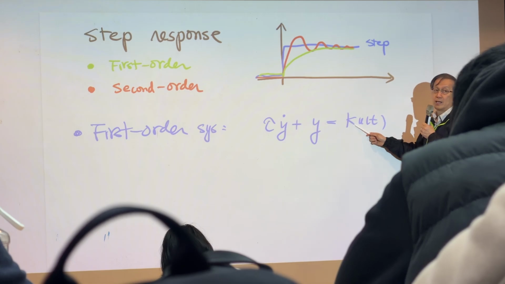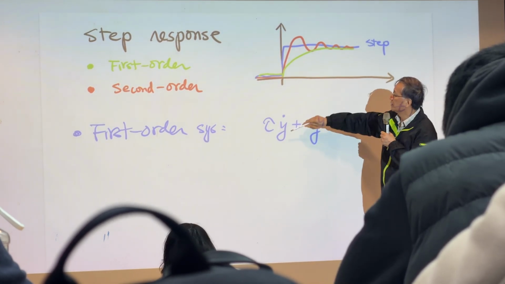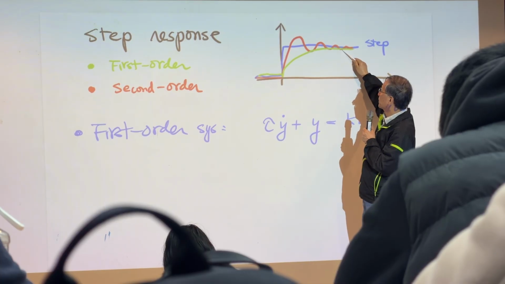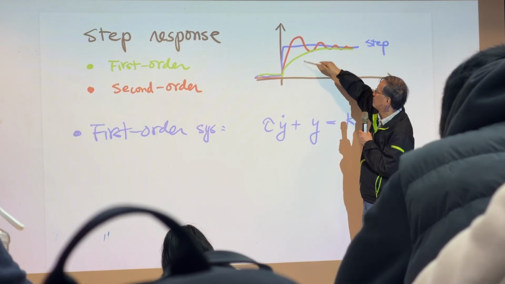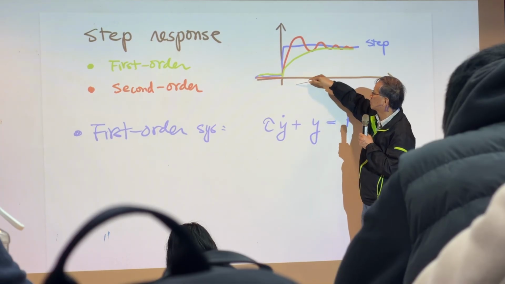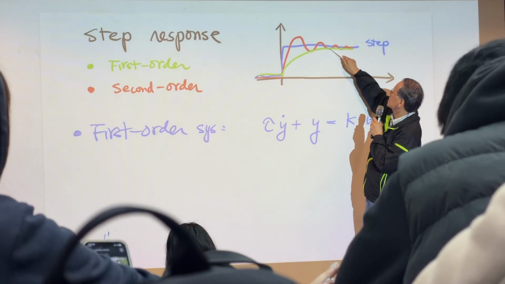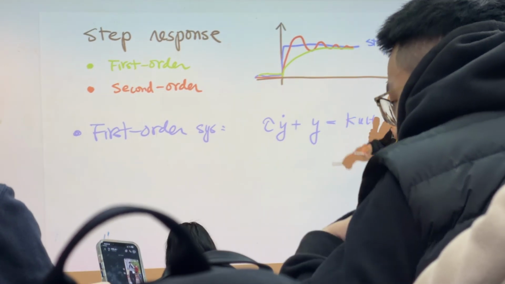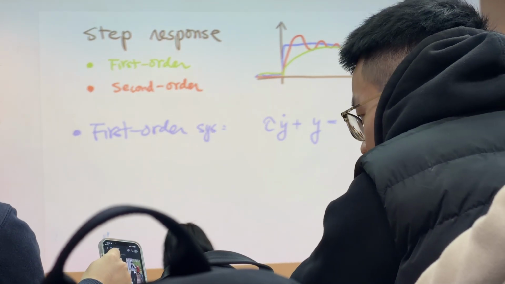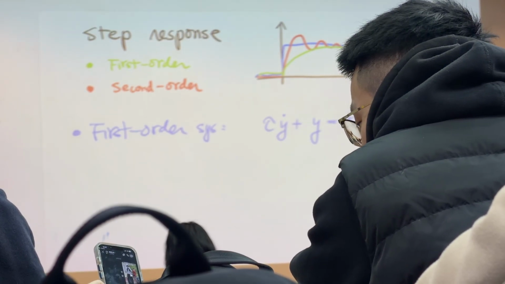K is like an amplification amplitude, right? And then it will rise like this. Remember, this is like 67%, right? This is kind of like a rise time, right? So this is a first order system. And you will always have a step response like this, okay? And if it is a second order system, let's use a different color.